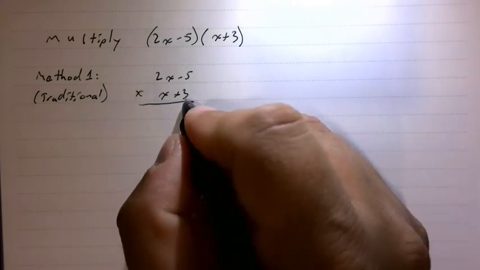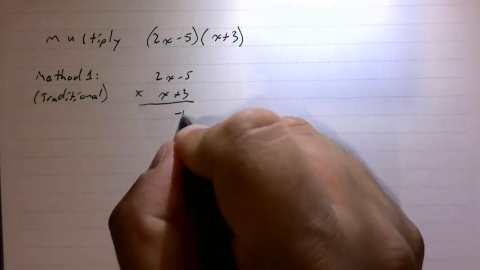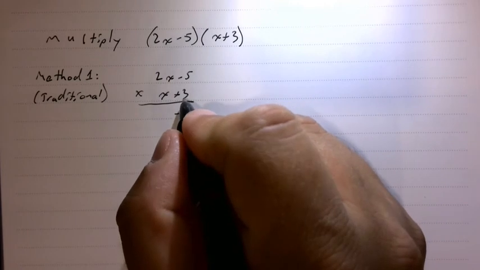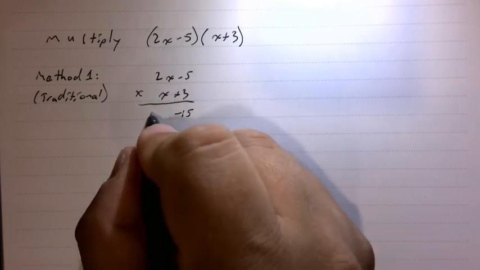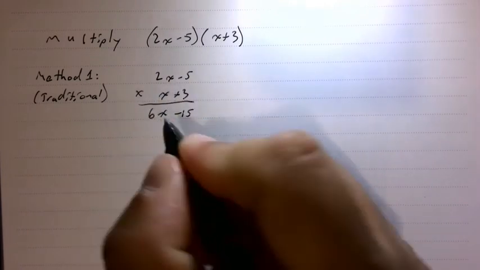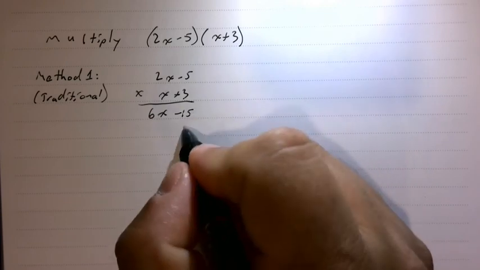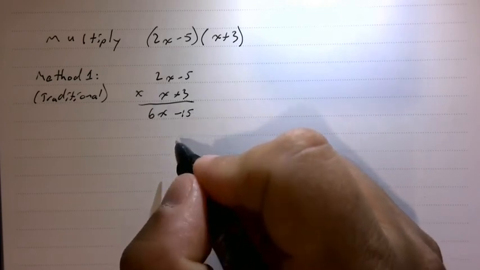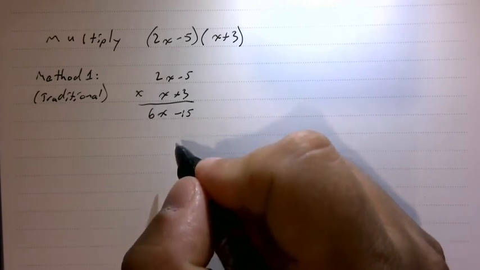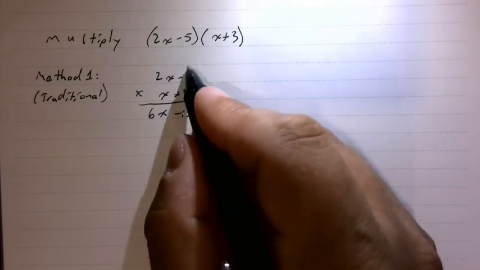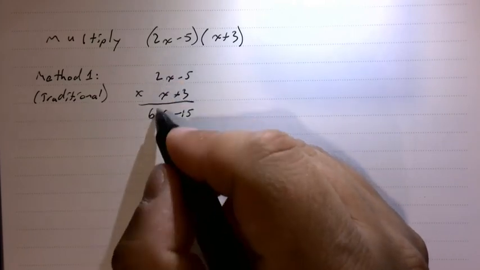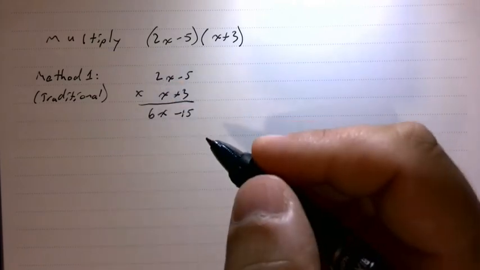So we multiply in the same way. 3 times negative 5, negative 15. 3 times 2x is going to be a positive 6x. Now, we put a 0 as a placeholder in the ones place value before. Here, as long as we keep the columns by like terms, the placeholder does not necessarily matter.